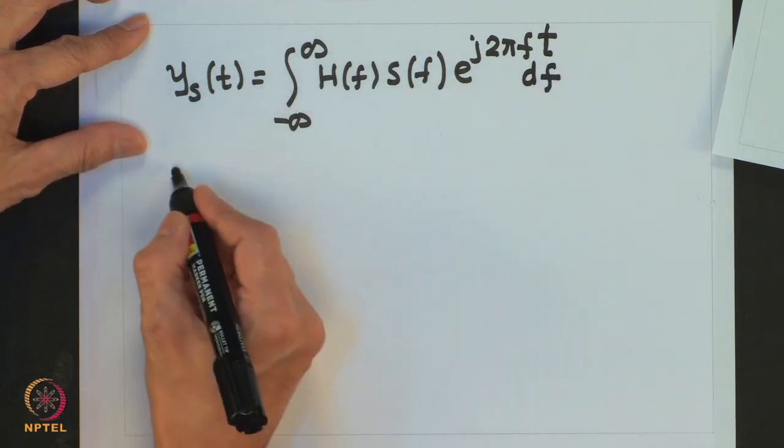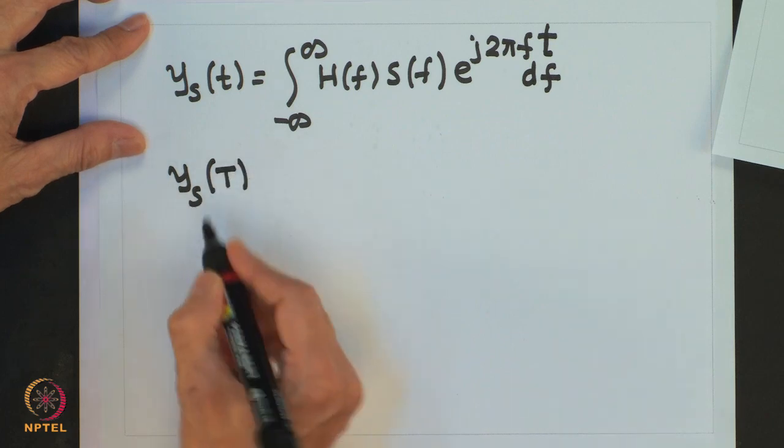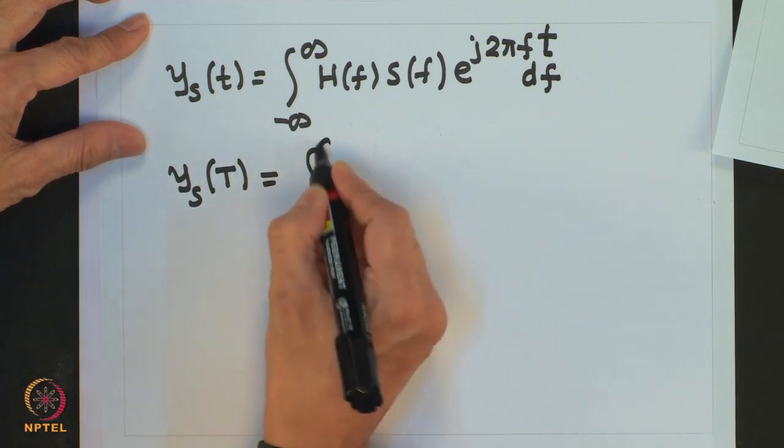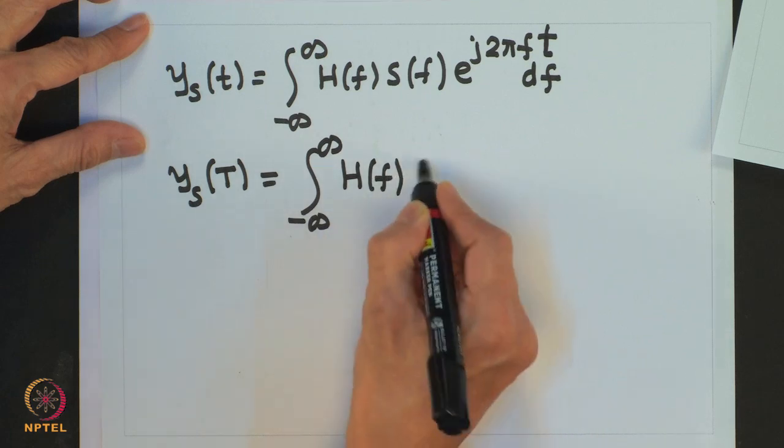And if the signal is sampled at t equal to capital T, then I would get the output to be equal to this expression.